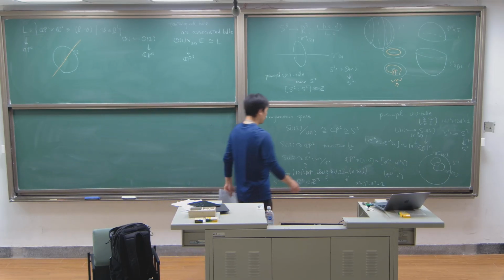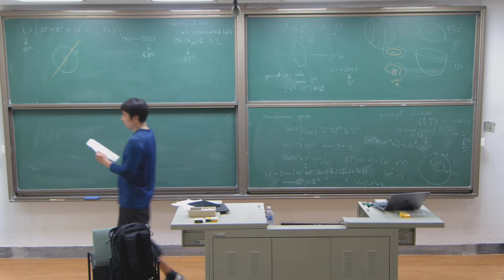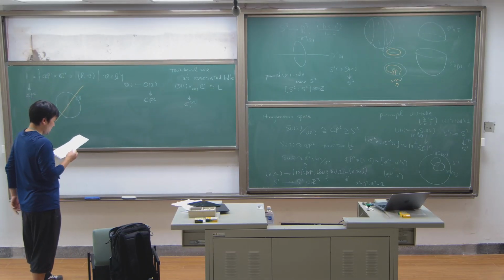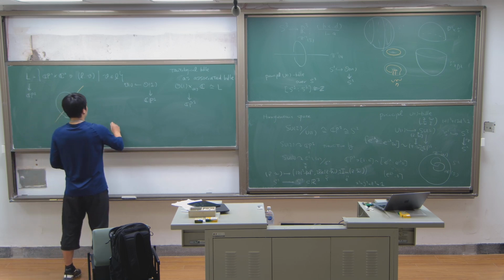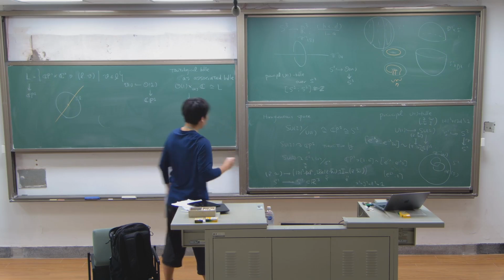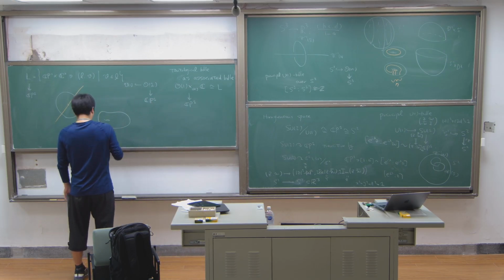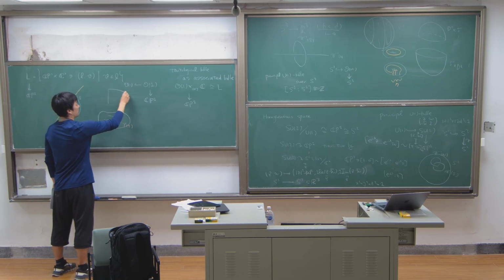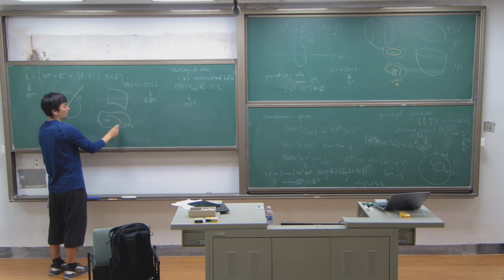Given a curve inside M, each fiber is, let's call it, a line bundle. That's schematic.